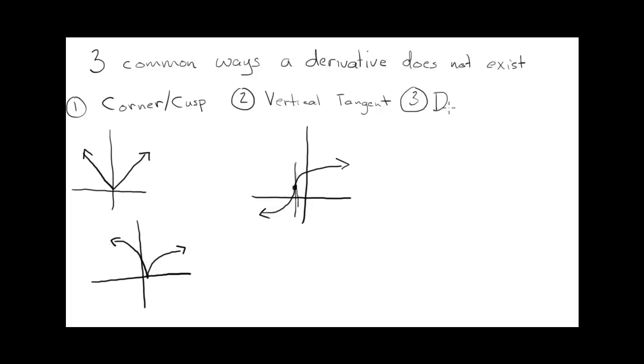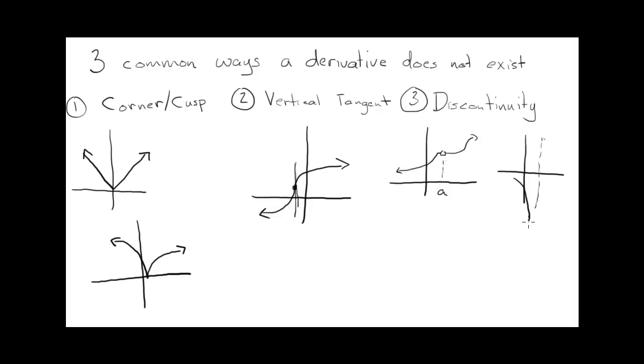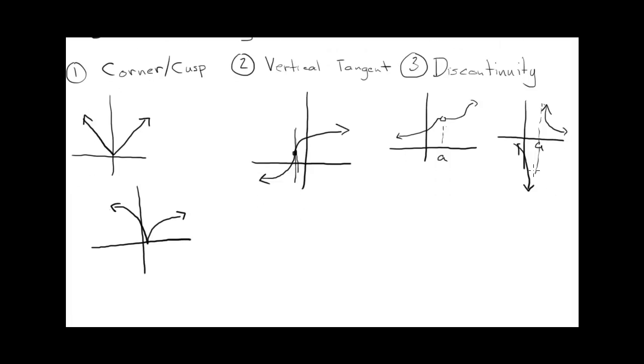And the third one is a discontinuity. We saw a bunch of different types of discontinuities, right? You had the point discontinuity, so the derivative wouldn't exist if there's a point discontinuity. We saw an infinite discontinuity, so an asymptote, something like that. There wouldn't be a derivative there.